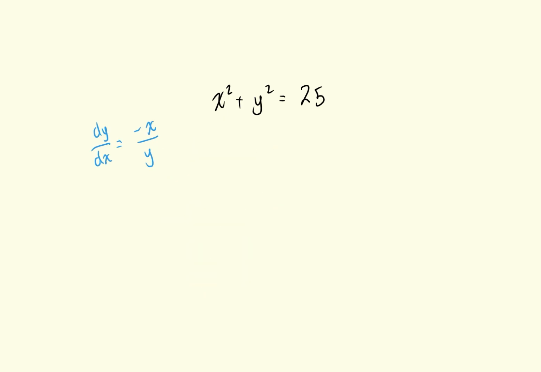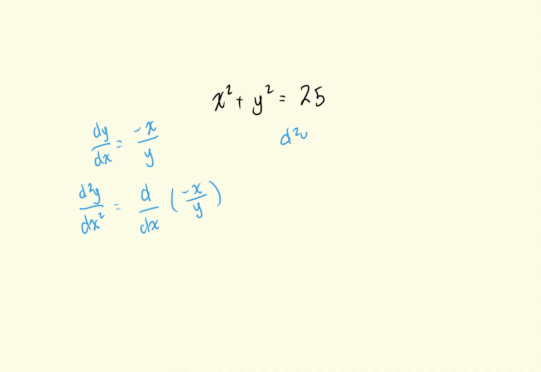Now that we have dy over dx, let's differentiate again to find d squared y over dx squared. And so d squared y over dx squared is equal to the derivative of dy by dx, which is negative x over y. And so let's use the quotient rule.